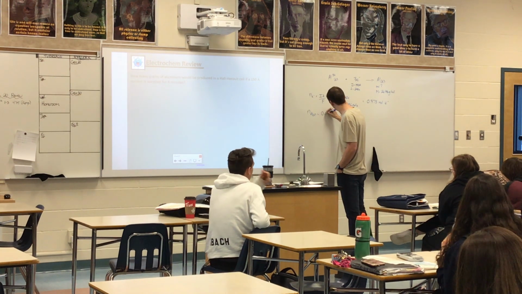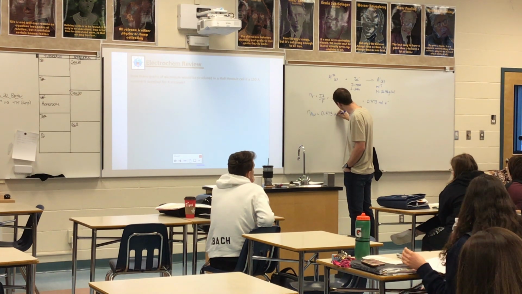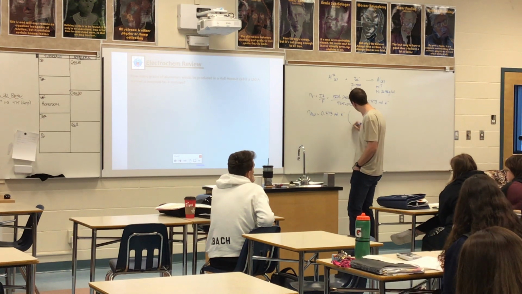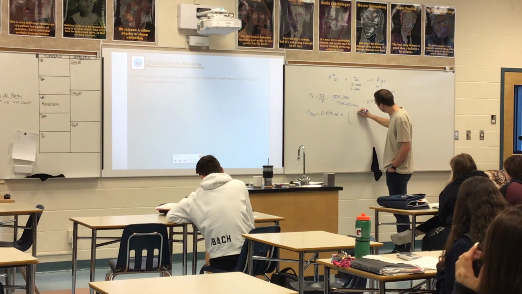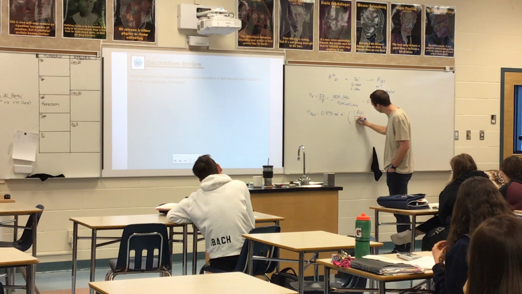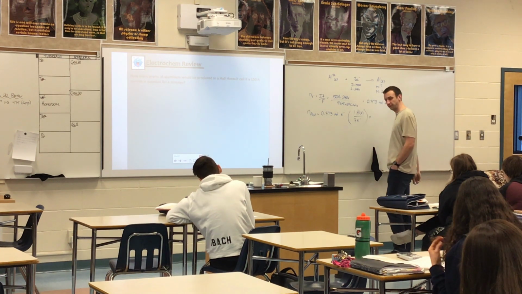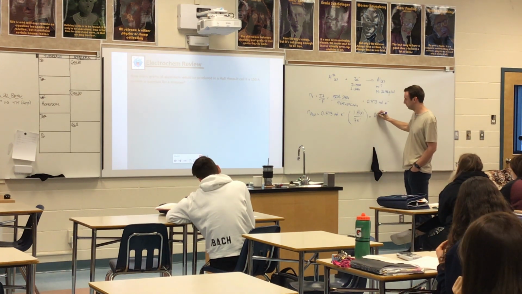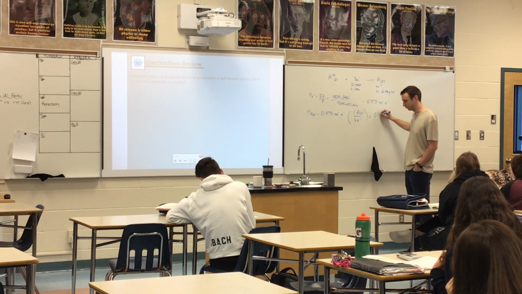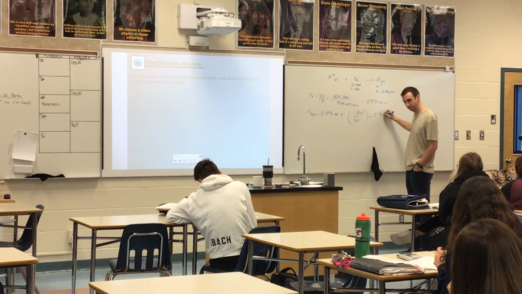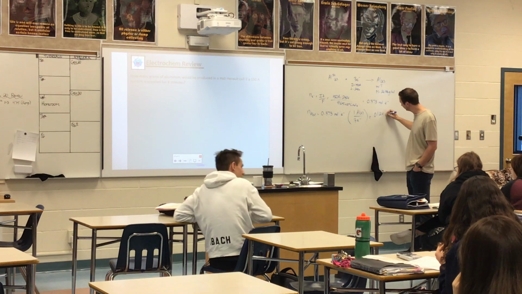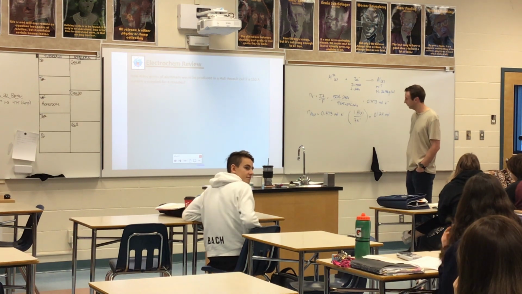So I have 0.373 moles of electrons multiplied by 1 aluminum for every 3 electrons I put in, 1/3, 0.124 moles of aluminum.